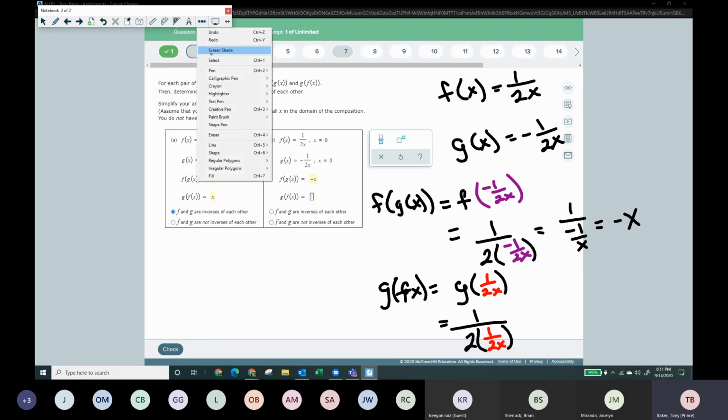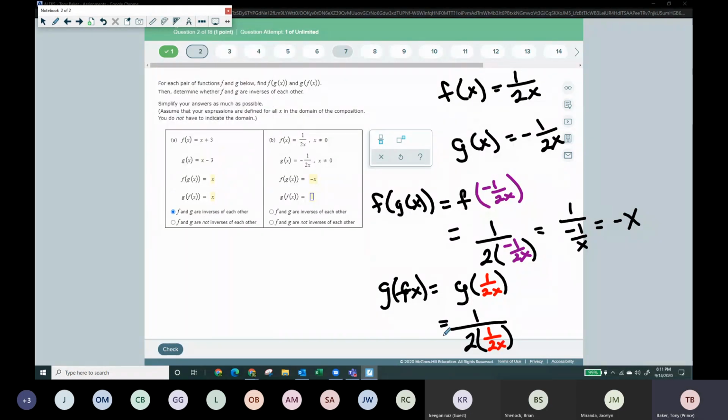Oh, I forgot the negative sign in front. So I get negative 1 over x, which equals negative x. So these both come out to be negative x.